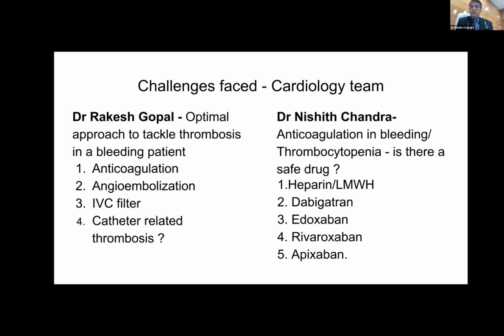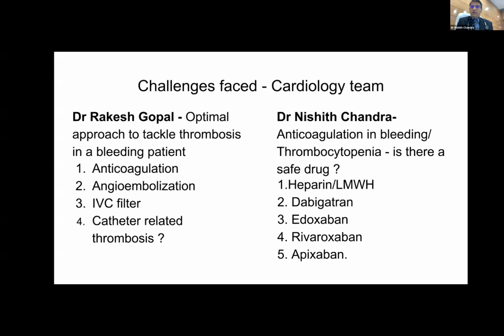It includes H for hypertension, A for age more than 75, S for previous stroke, B for bleeding diathesis, liver dysfunction and elevated liver enzymes, elevated INR, and drugs. So by this calculator, we calculate the bleeding risk.